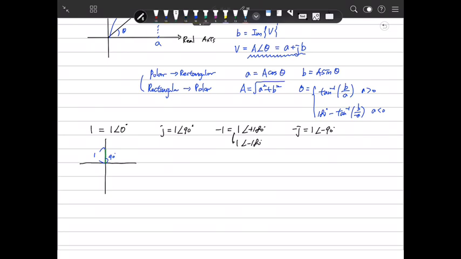And minus j is 1 at minus 90 degrees. Why? This is minus j here, so this angle is minus 90 degrees. And this is also the same as 1 at an angle of plus 270 degrees. The same thing. So this is useful to know.